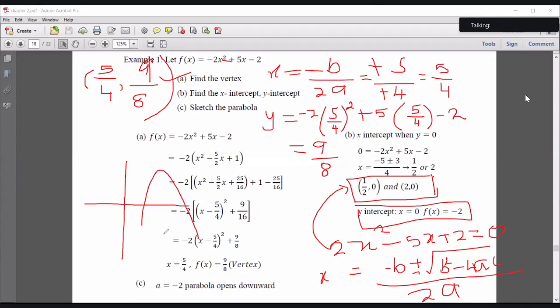So here it will be 1/2, here it will be 2, and the vertex will be (5/4, 9/8).